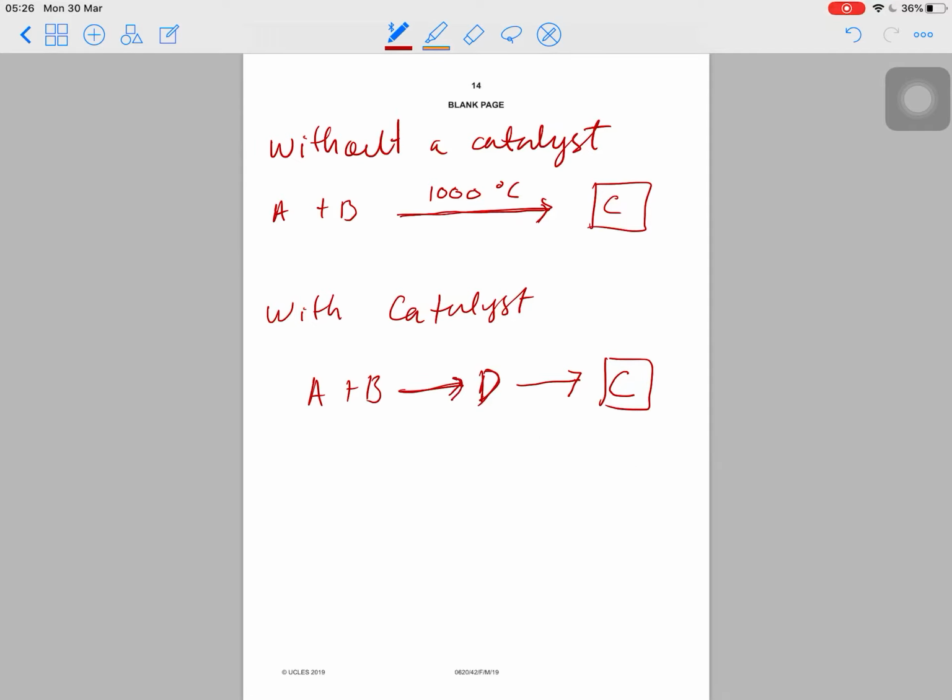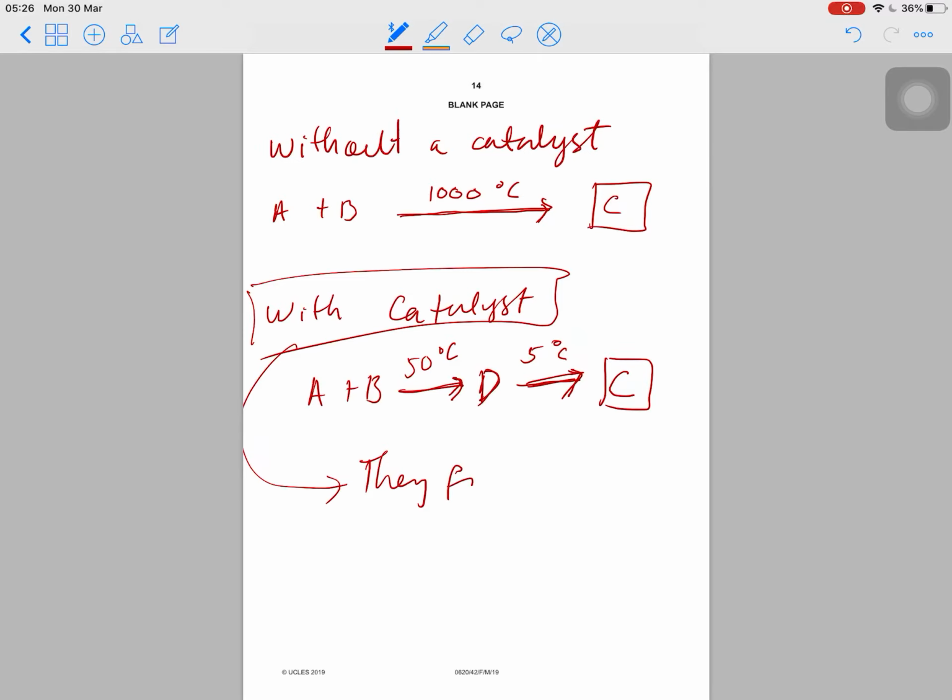Okay, let's say this arrow you only need 50 degrees Celsius, and this arrow you only need, let's say, 5 degrees Celsius. Okay, so which one has a lower activation energy? It is with a catalyst. Okay, so if you have a catalyst, they find a way that has a lower activation energy.